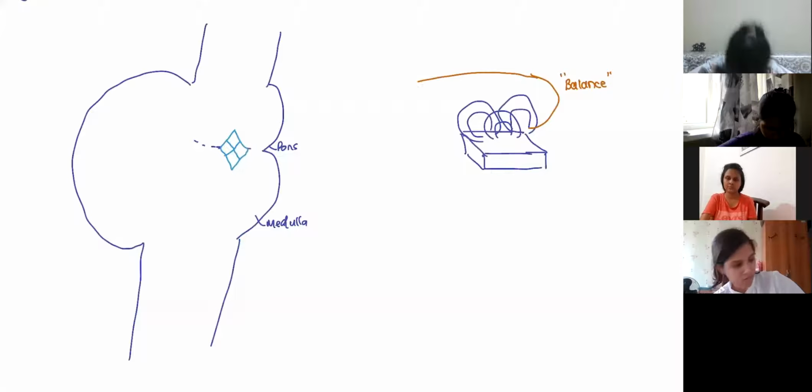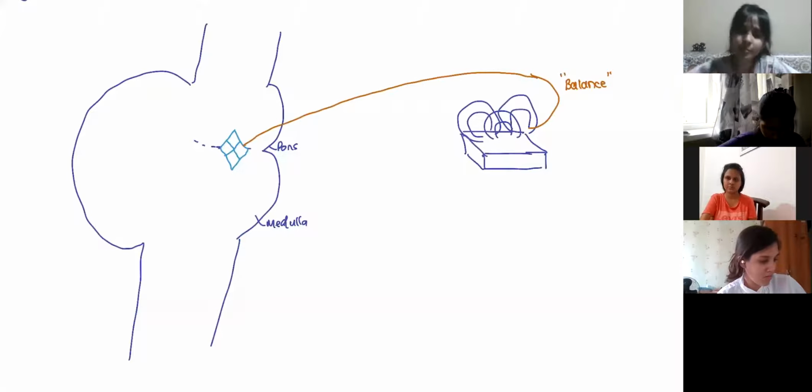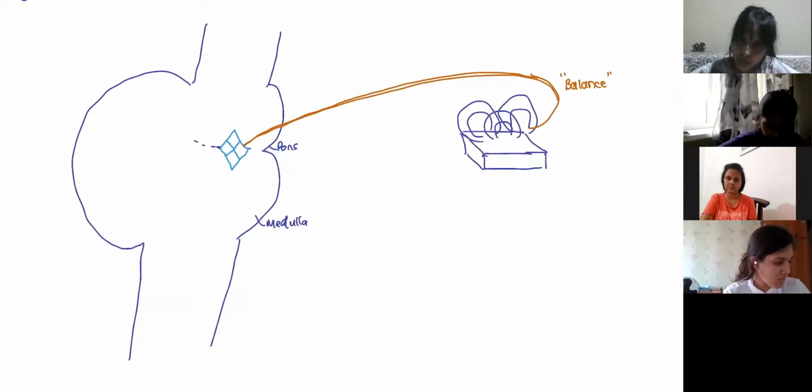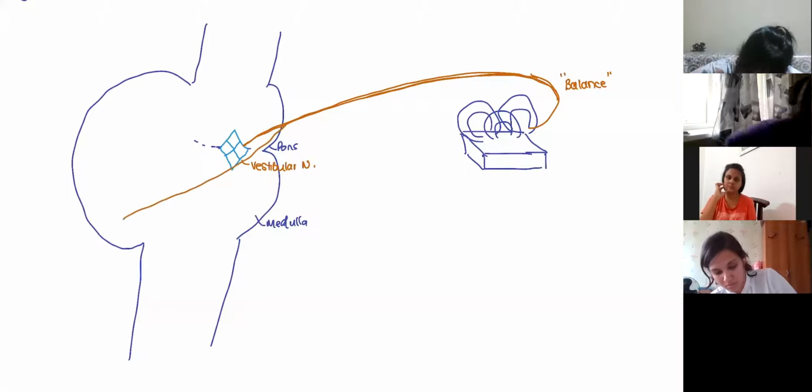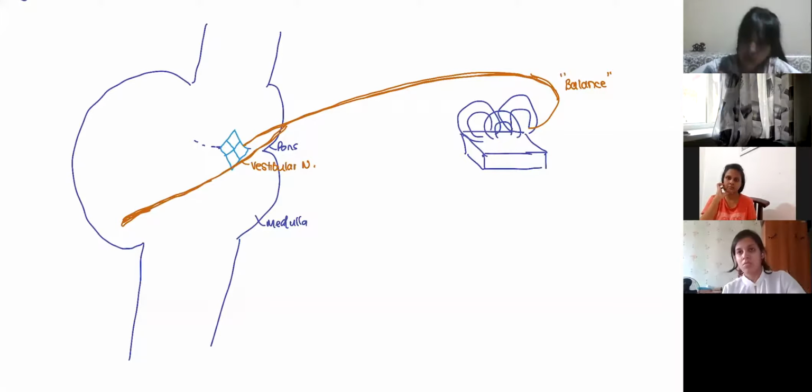So it comes, some go to the nucleus, this is called the vestibular nucleus. Others will go directly to which area? Which part of the cerebellum?